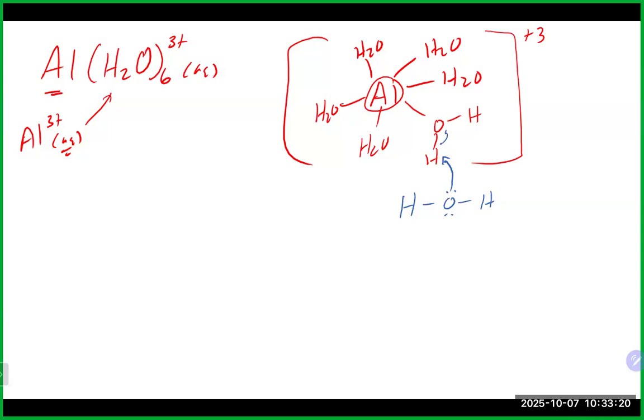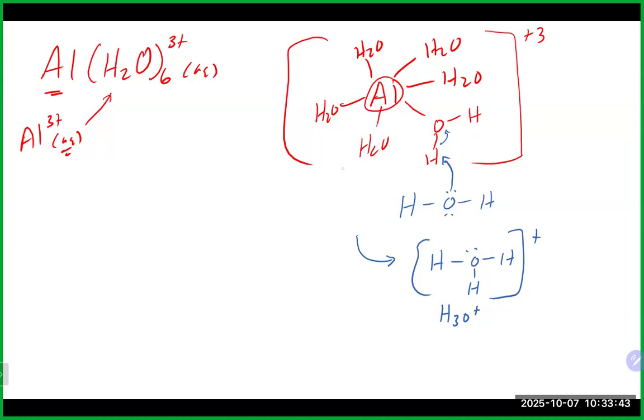And when it does so, it's going to send it back that way. And what you're going to end up with as a result is we are going to produce the hydronium ion, which is H3O plus. And that is what's going to make the solution acidic.